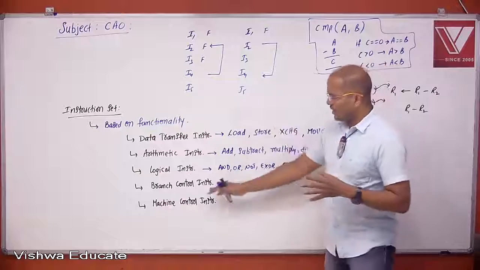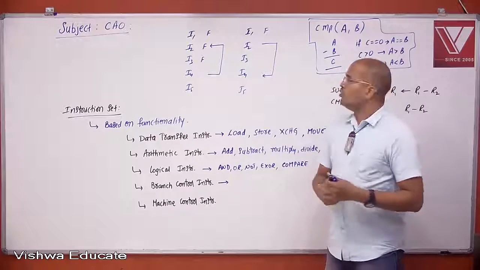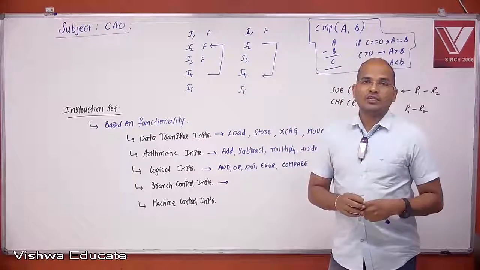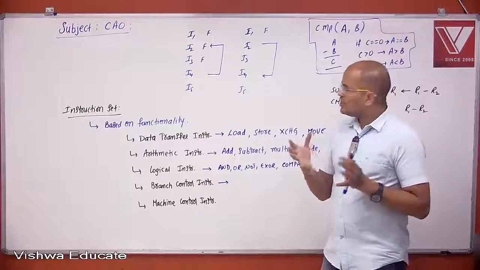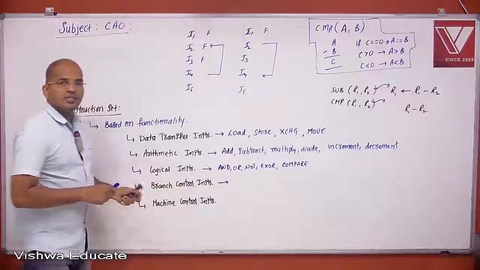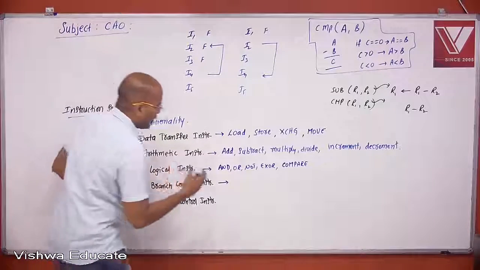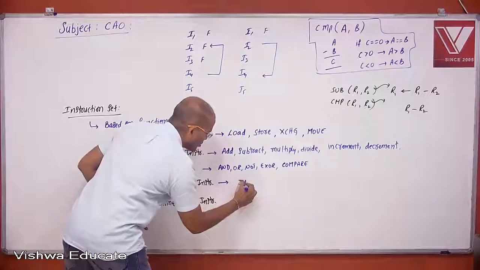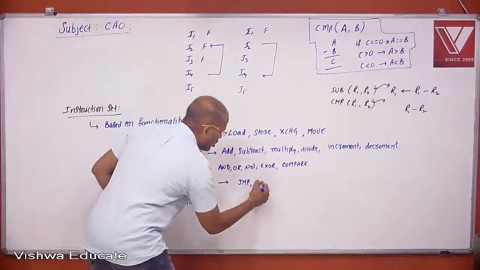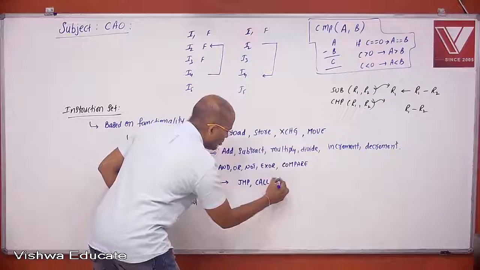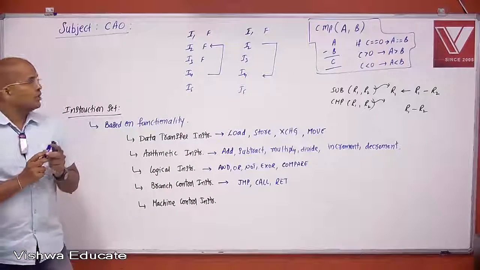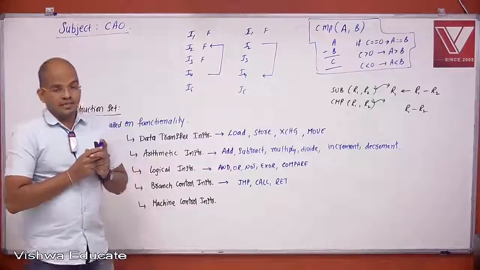So here branch control is one such category where you can move your control from a particular instruction to the required location irrespective of the sequence. Sequence is not an issue here. The instructions we have under branch control are jump instructions, call instructions, and return instructions.